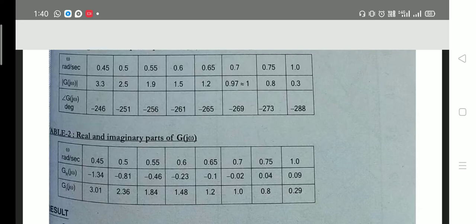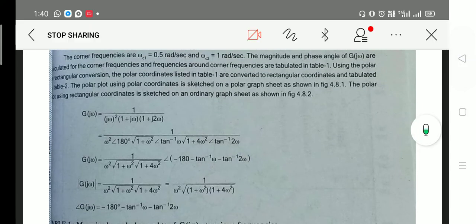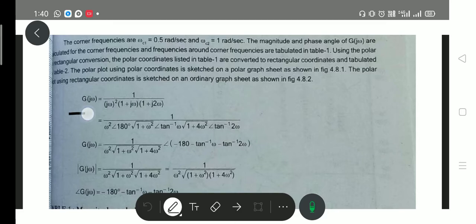Here we know G of j omega, right? But we don't know the real and imaginary terminals from this system.